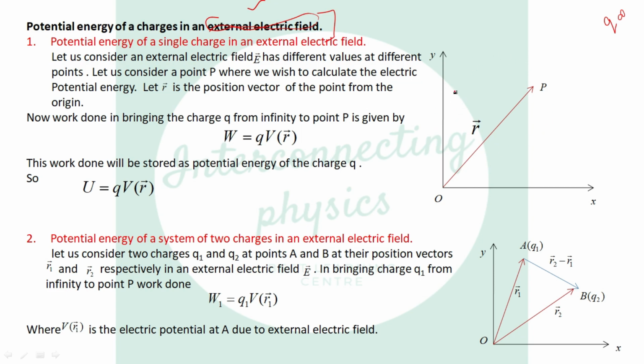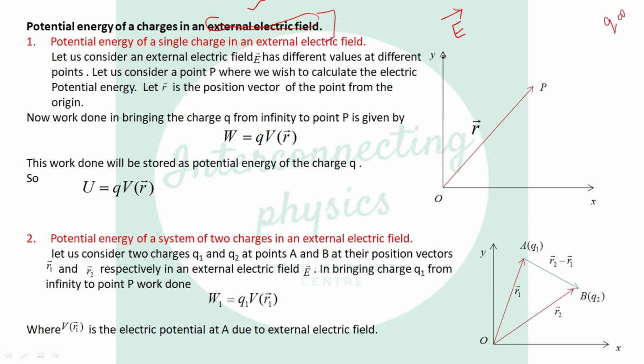But this time we are given some external electric field. So let us suppose the external electric field here is denoted by E vector, and some source charge is present over here, but we are not concerned with that source charge.